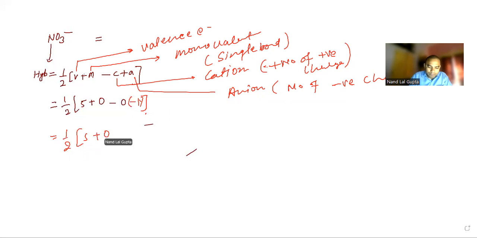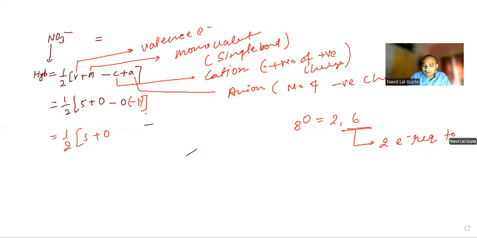Can you tell me why does oxygen have a double bond? Oxygen has 8 electron, 2 comma 6. How many electron required to complete octet? 2 electron required to complete octet.